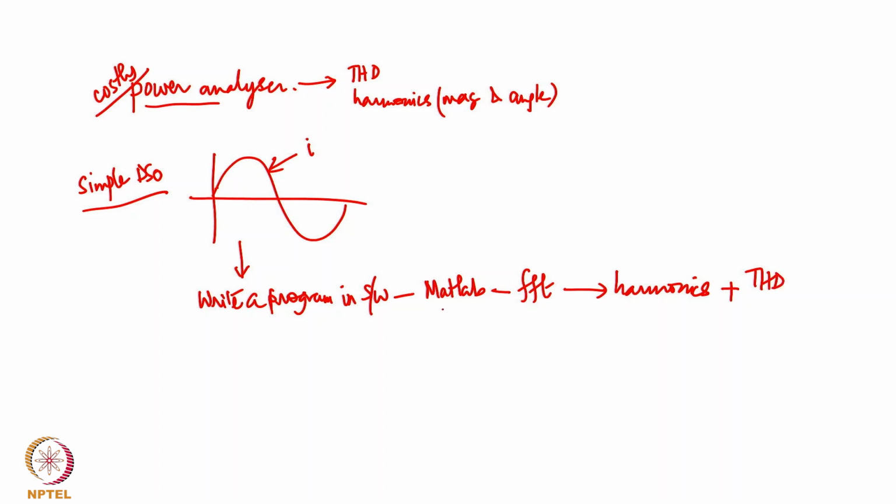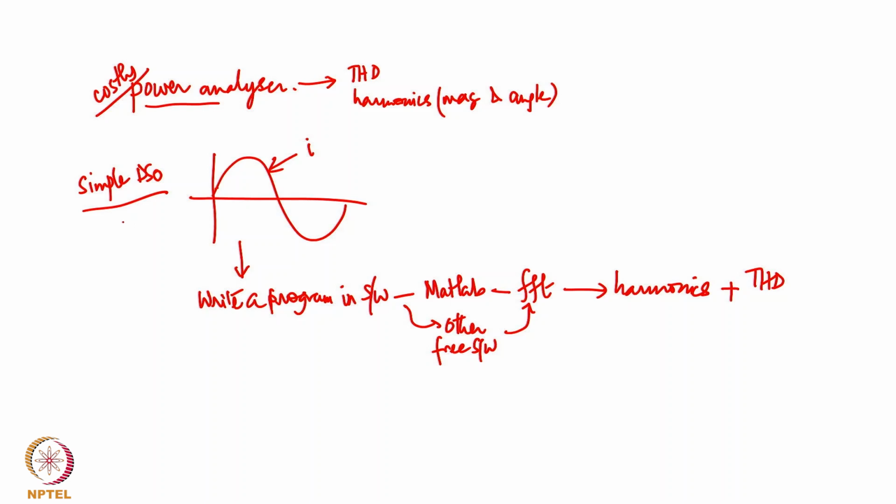Instead of MATLAB, other free software is also possible. There are many free softwares that can take the sampled values of the signal, do an FFT on it and immediately give you the result, because FFT is a general code. There are just a few lines of code, and you will get the harmonics and the THD directly.